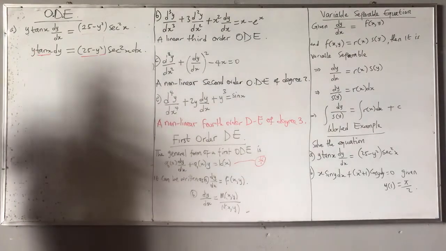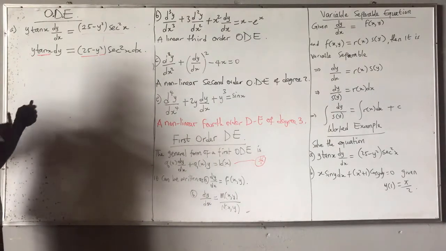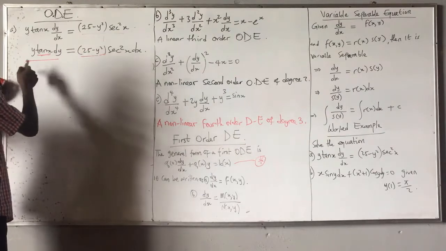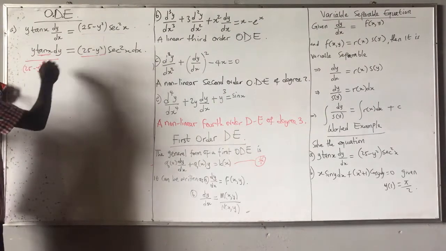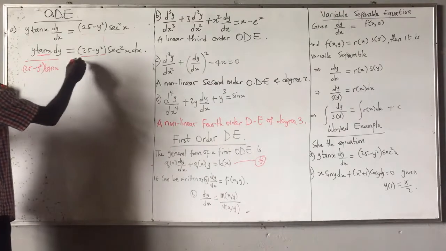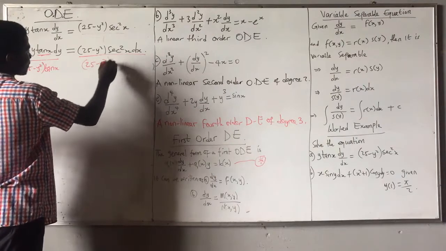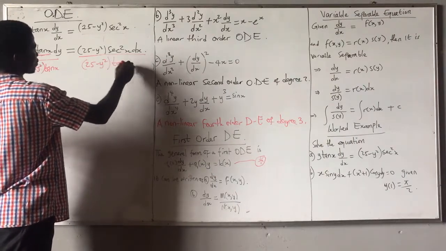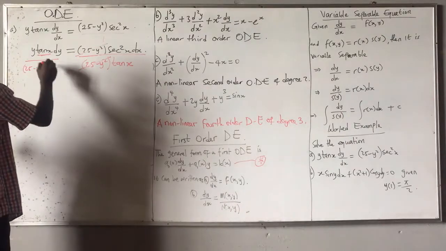So look at what I'm going to do. I will divide both sides. Since this one is coming here, 25 minus y squared, and since this one is going there, tan x, divide both sides by (25 minus y squared) tan x. So 25 minus y squared, we cancel this one, you see it's out. Tan x, we cancel this one.